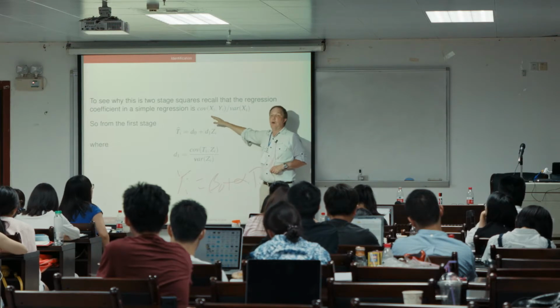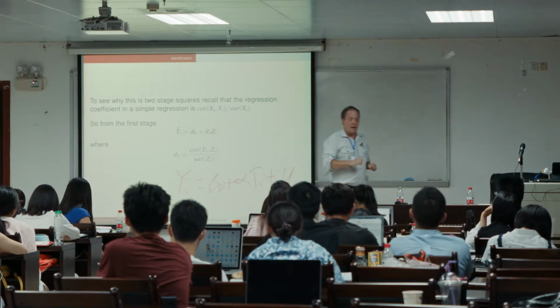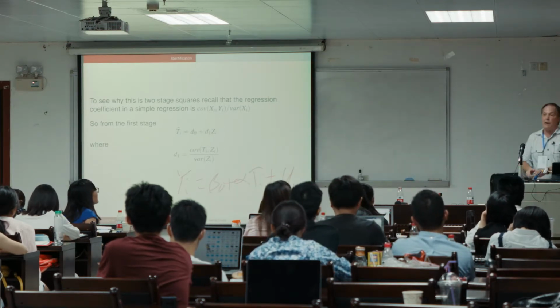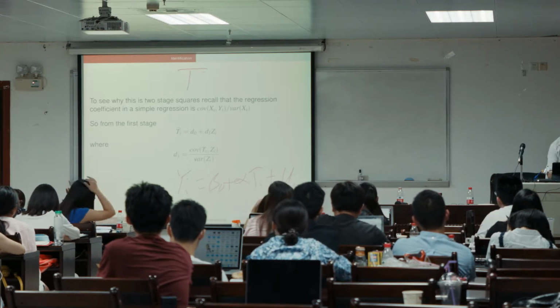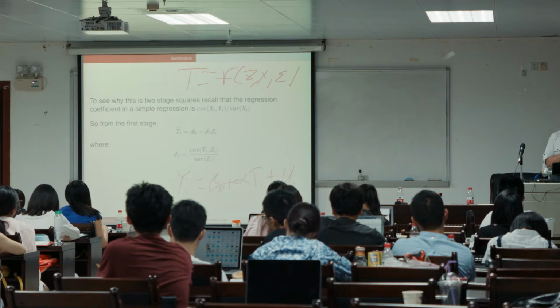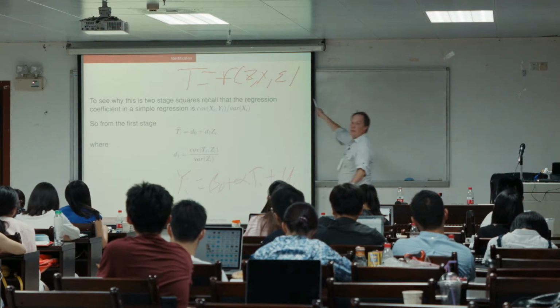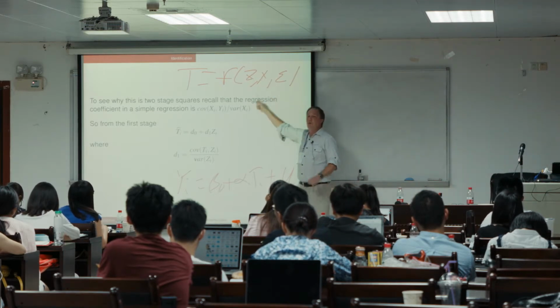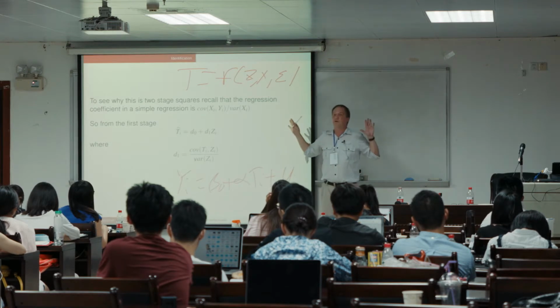You don't have to, right? I might write down my model, and I may well think that T is some general function of Z and X and epsilon. And this thing can be completely non-parametric, but two-stage least squares is still consistent.